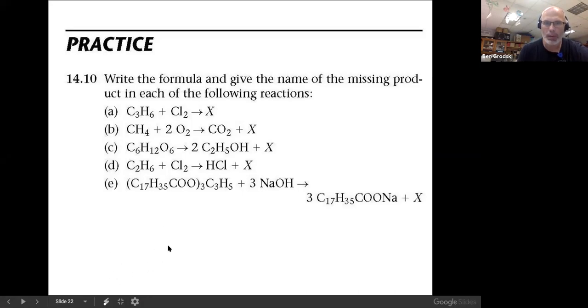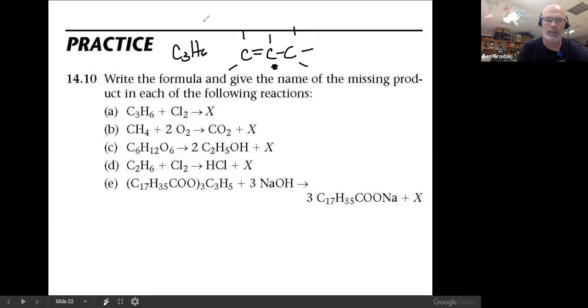So if you forget, C3H6, 1, 2, 3, 4, 5, 6. Every carbon has to have what? 4 bonds. The only way to do that is put a double bond here, take this away, and put it here.